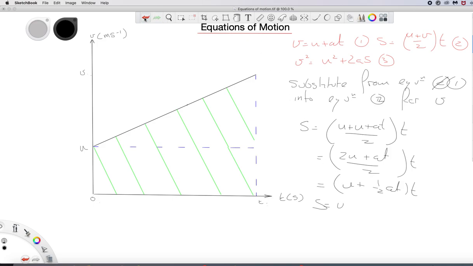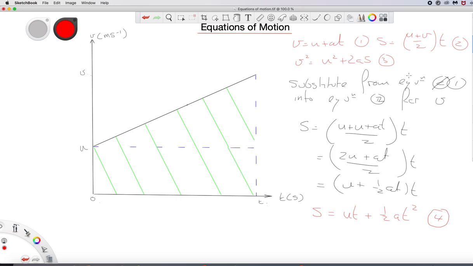Let me start this again, I'll write it in red. We have s equals ut plus a half a t squared. And there we have our fourth equation.